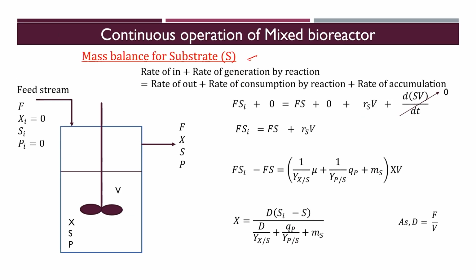Next, we will do the mass balance for the substrate. Rate of substrate in is F into Si, rate of generation, there is no generation of substrate, so 0, going out is F into S, then rate of substrate consumption Rs into V, plus rate of accumulation, as it is steady state, rate of accumulation is 0.